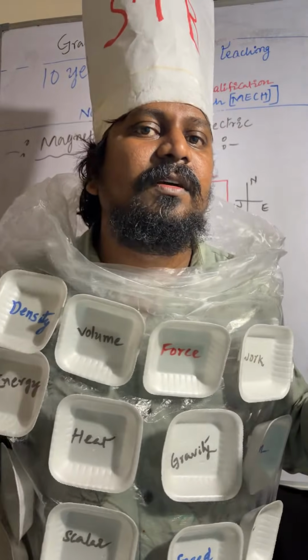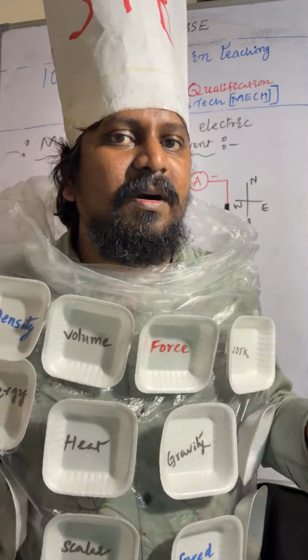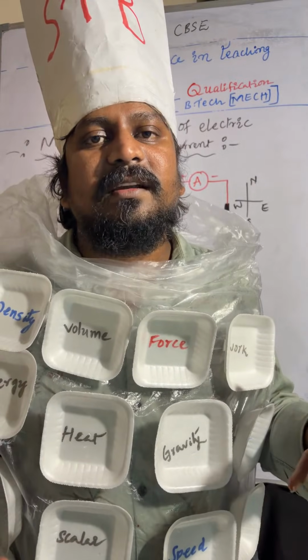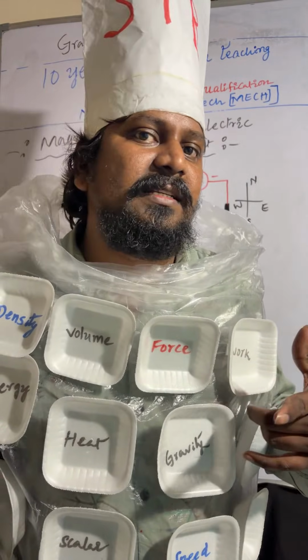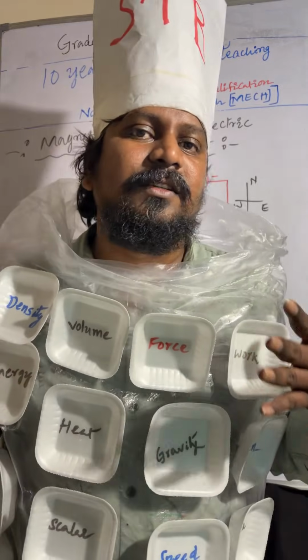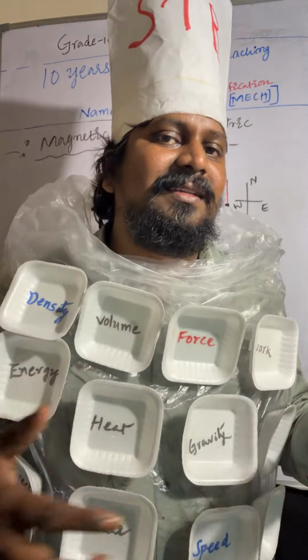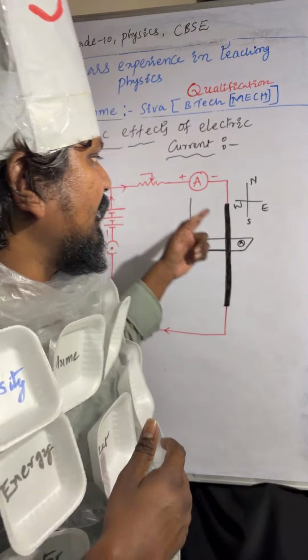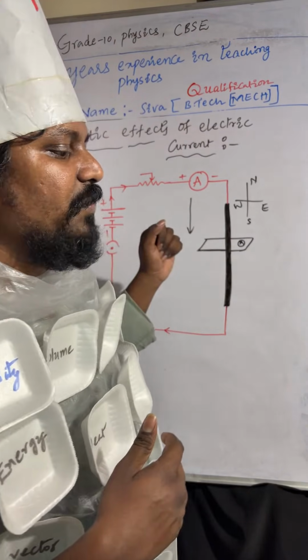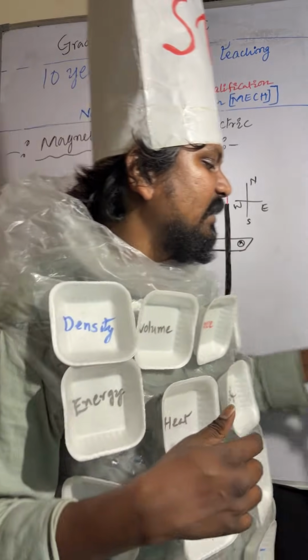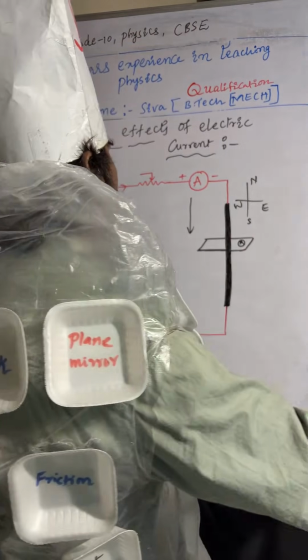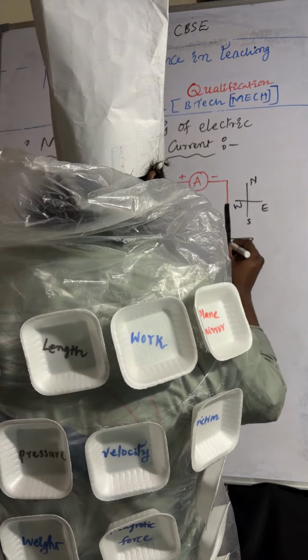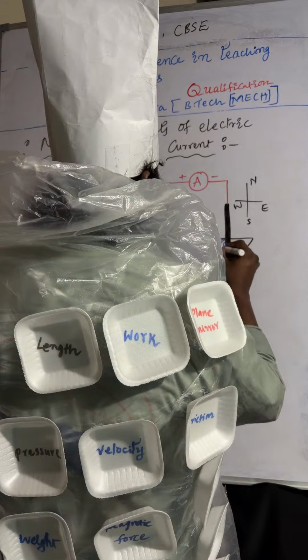Just now we learned about the magnetic field around the bar magnet. Similarly, when current passes through a conductor, it behaves like an electromagnet and produces a magnetic field around the conductor. The magnetic field will be in the form of closed loops like this.